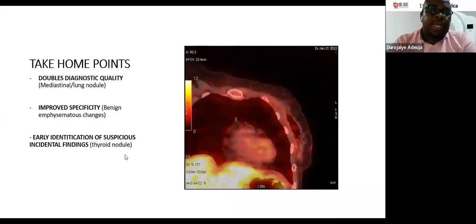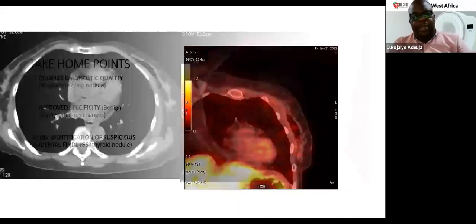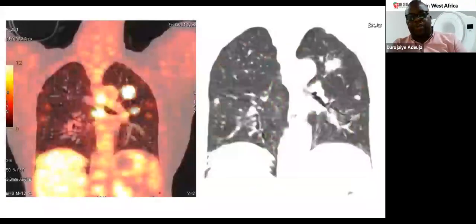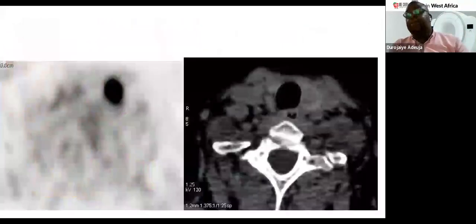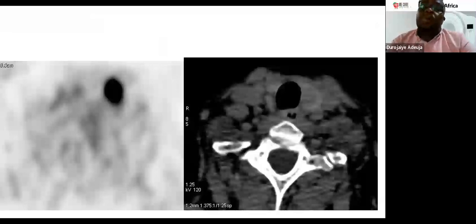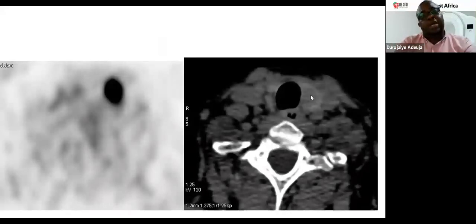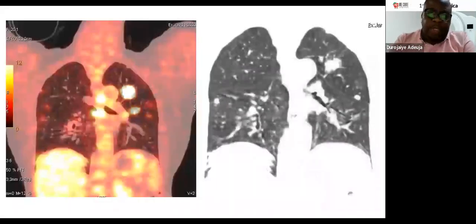Again, it also helps in early identification of suspicious incidental findings. Like that left thyroid nodule that we saw was an incidental finding, because the history that we were given was colonic CA with lung mets. So, upon seeing this, it raised another index of suspicion that warranted further follow-up.